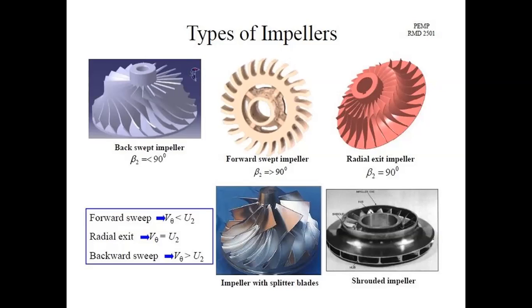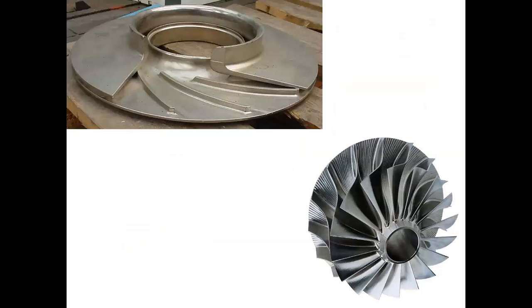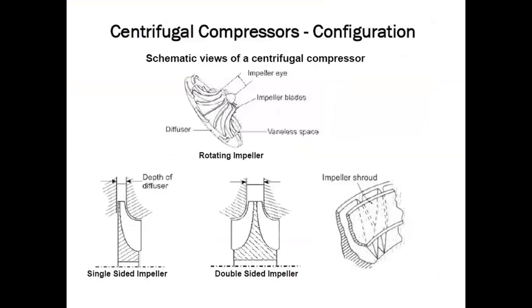Radial exit impeller: beta 2 is 90 degrees. This is a schematic view of a centrifugal compressor.